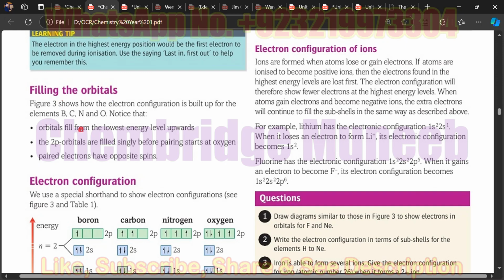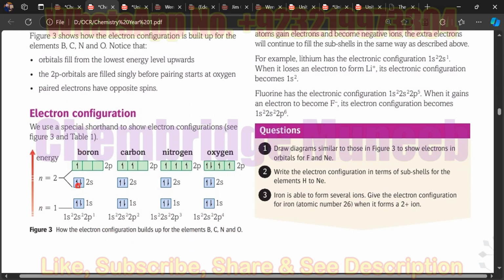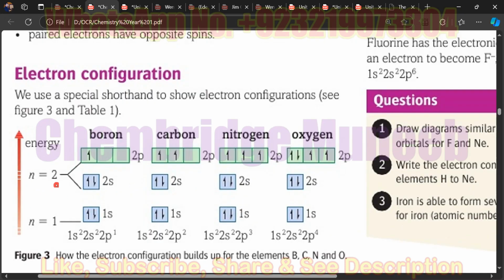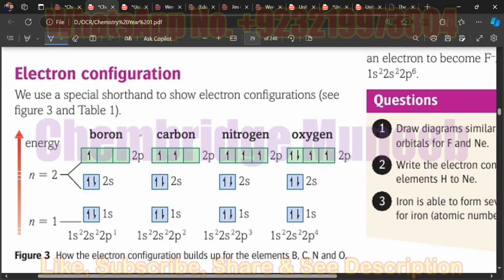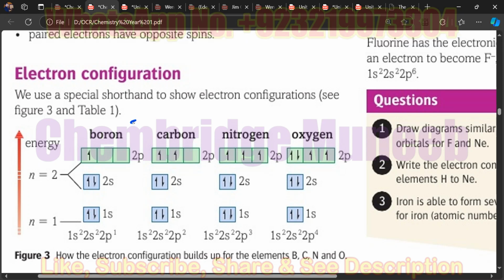Filling the orbitals. So they are starting from boron up to oxygen. The boron's atomic number is 5, which means there must be 5 electrons. Now the electrons of the first shell are shown filled up here.